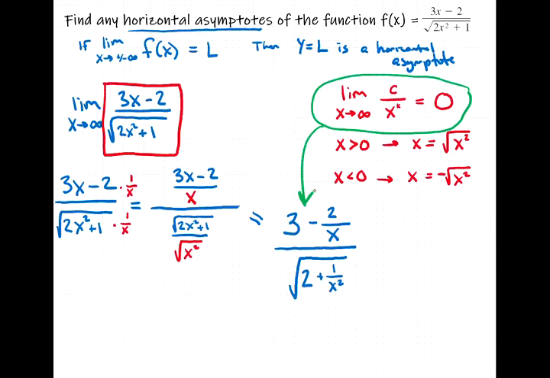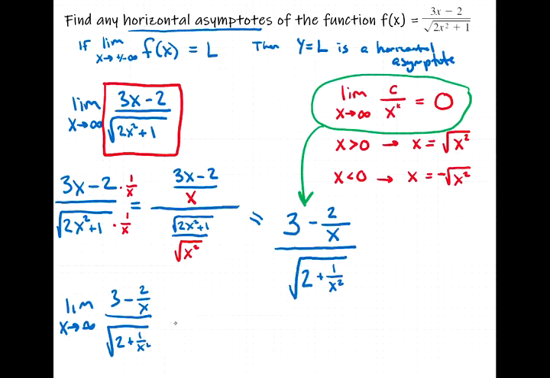So when we take the limit, now let's apply the limit. The limit as x approaches infinity of (3 minus 2x) over the square root of (2 plus 1 over x squared).